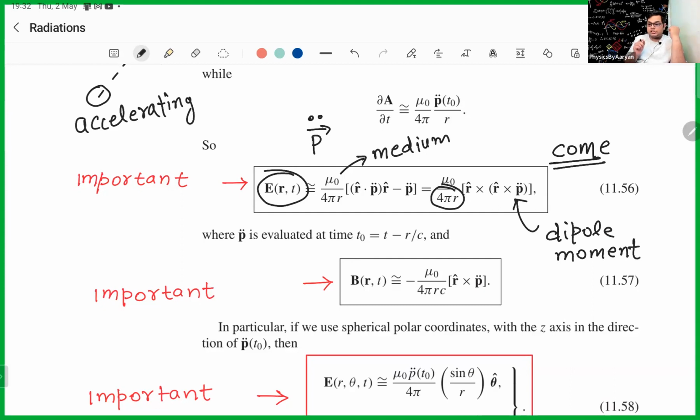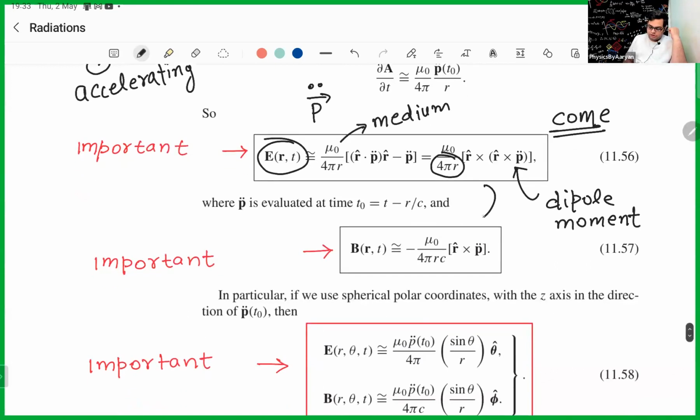It means radiation occurs whenever your charge distribution has some sort of dipole moment, and that dipole moment should be changing. If the dipole moment of my body is constant, then I will not emit radiations. If the dipole moment of my body is changing, then I will emit radiations, because my electric field depends upon p double dot, the double derivative of the dipole moment.